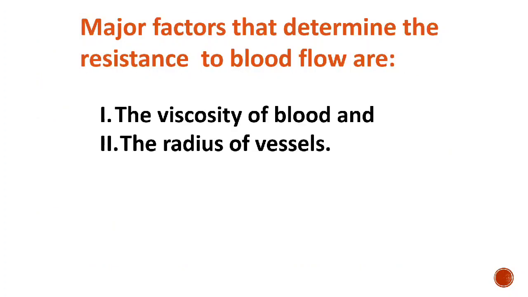Coming to the major factors that determine resistance to blood flow, they are the viscosity of blood and the radius of blood vessels. First of all, the viscosity of blood. What is viscosity? It is described as internal friction to the flow in a fluid, or lack of slipperiness.